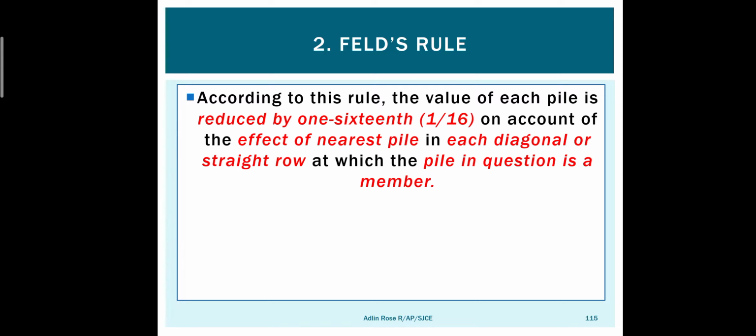We reduce the effect of the nearby piles by reducing 1 by 16 on the pile we are considering. So when you do the problem, you will understand the statement better.